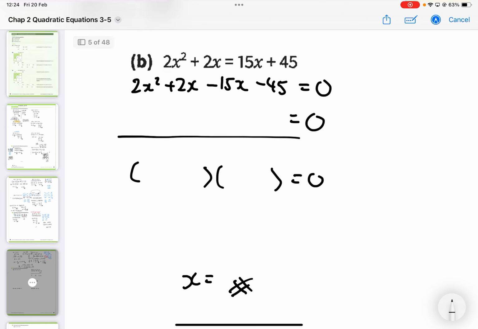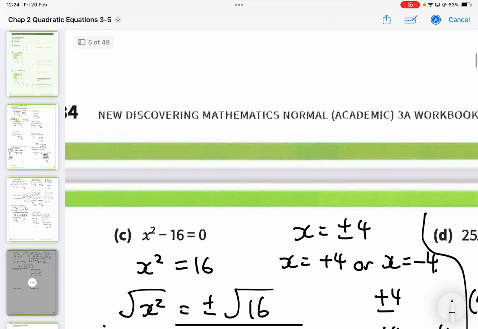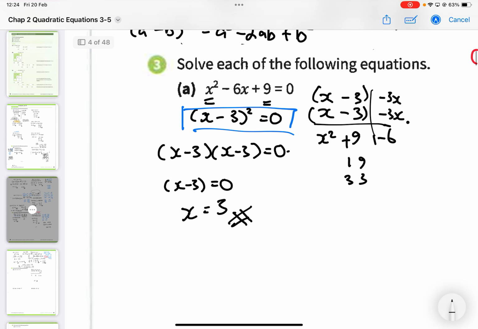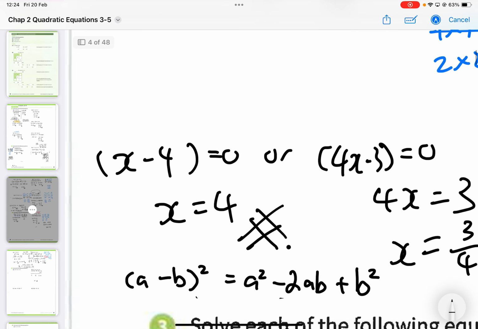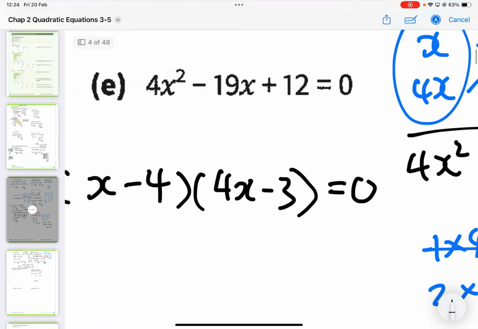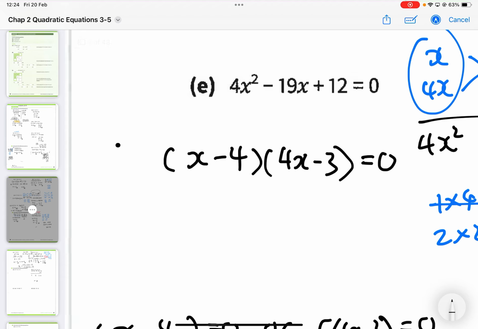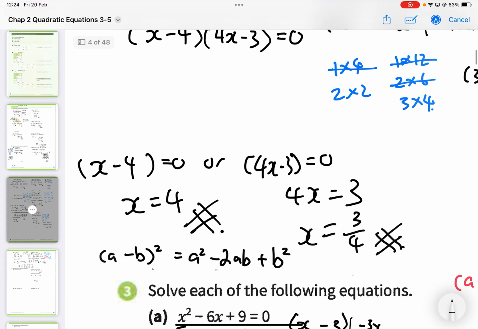Okay? Once my right hand side is 0, then you can look back to my previous question. My question 2 also, right hand side 0, then I have x squared, I have x, I have number. So if I can make my equation look like this, then I can start to do my factorization. Okay?